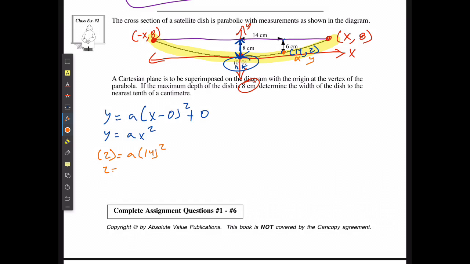So 2 is equal to, well, 14 times 14 is going to be 196. A, or when I divide both sides by 196, A is equal to 2 over 196, which can be simplified to 1 over 98.